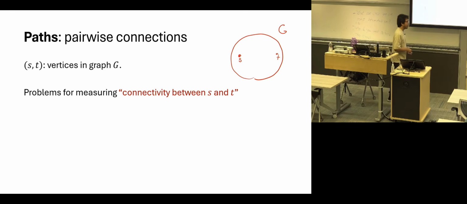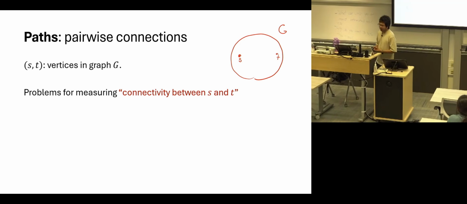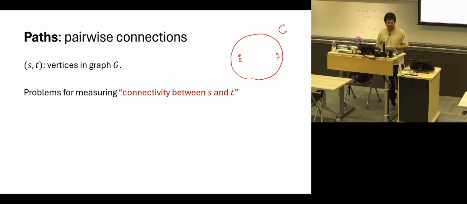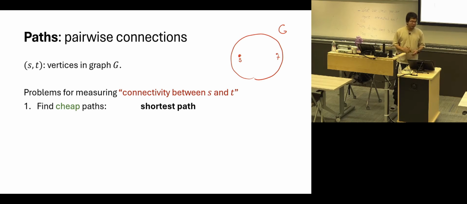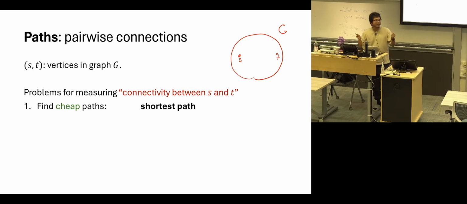There are several problems that you might ask, like how well connected S and T are. And by well connected, it's not clear what you mean. It can mean many things. One thing is maybe you can go from S to T really quickly, cheaply.